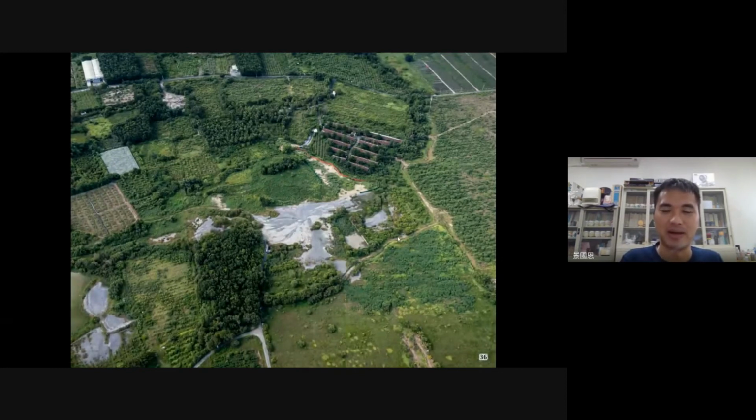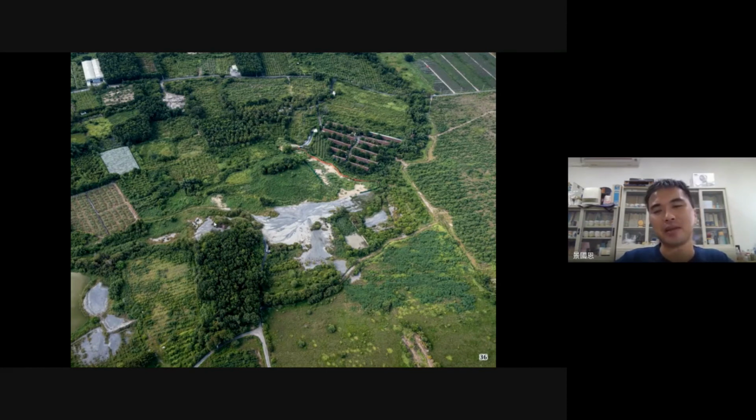So we almost have no idea how to find the evidence from the geology in the field.